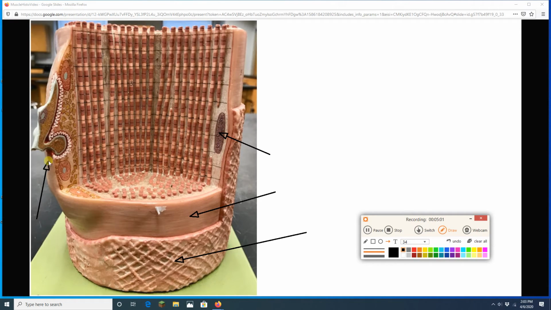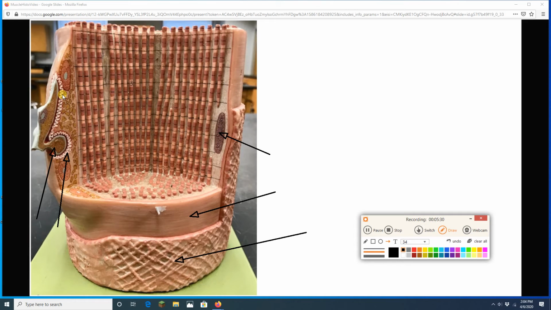I see my axon terminal there. I see my motor end plate. By the way, notice how ruffled, how up and down the motor end plate is. That gives us more surface area. More surface area means more nicotinic receptors. More nicotinic receptors means we can bind to more acetylcholine.